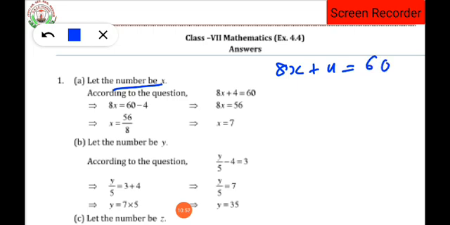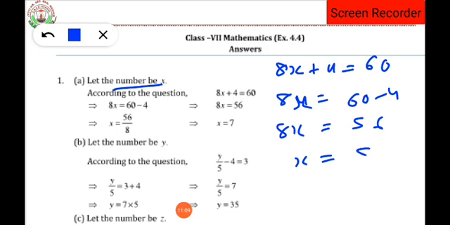Understood? Now you can solve it. 8x is equals to 60 minus 4, so it will become 56. Now 8x is equals to 56, so x is equals to 56 divided by 8, so 8 ones are 8 and 8 sevens are 56, so x value is what, 7.